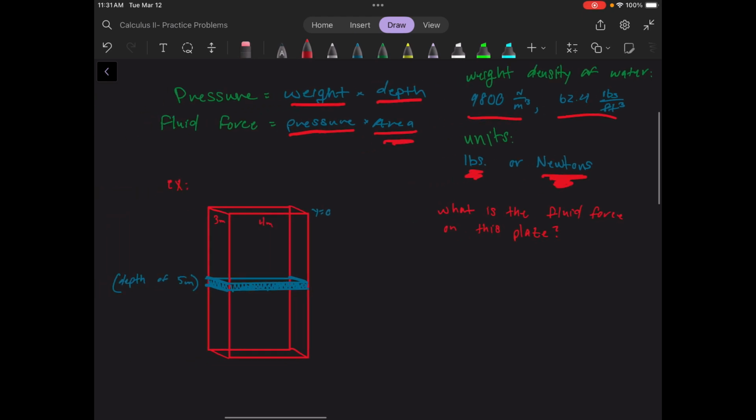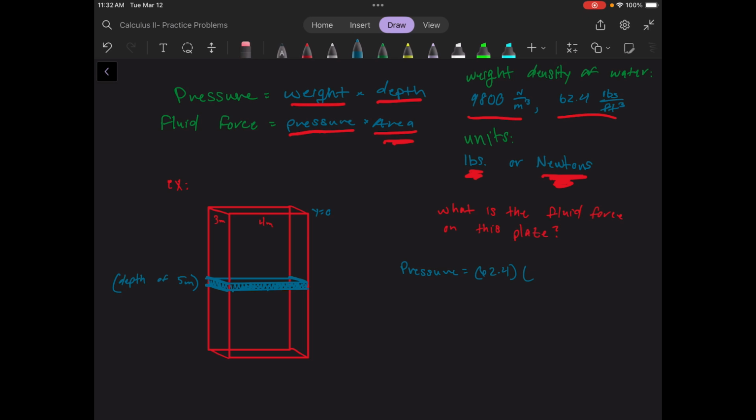So let's look at this example. What is the fluid force on this plate, assuming that we're submerged in water, right? Well, first we need to find the pressure. The pressure is just the weight density of water times the depth that it's at.